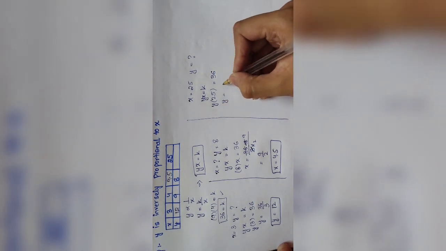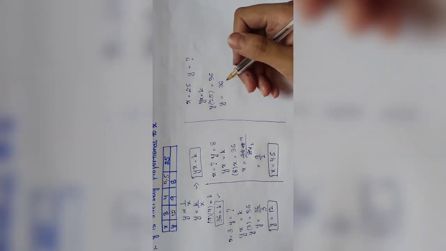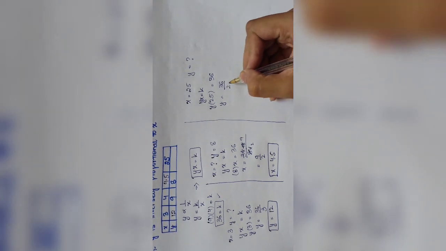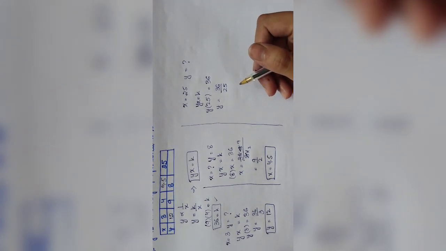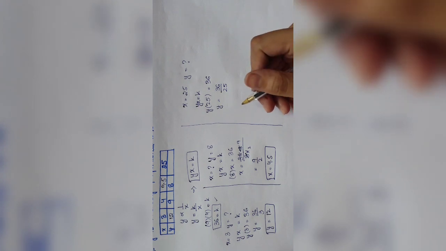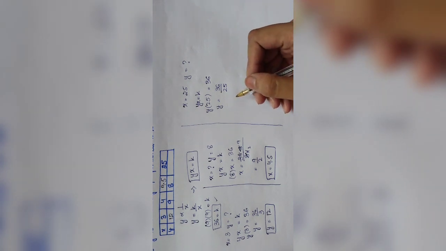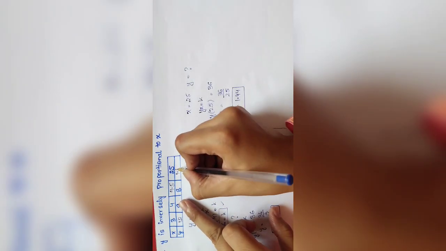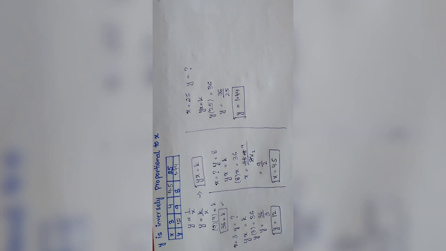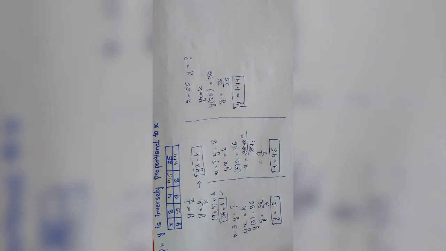Here you can say k we have found. 36 divided by 25. Now do the simplification if possible, but here the simplification is not possible. Our answer is this, writing in the table, 1.44. This is your answer. We have completed the table. Our question is done.